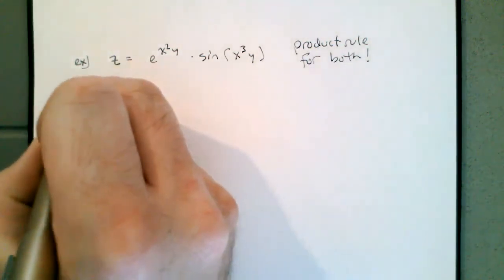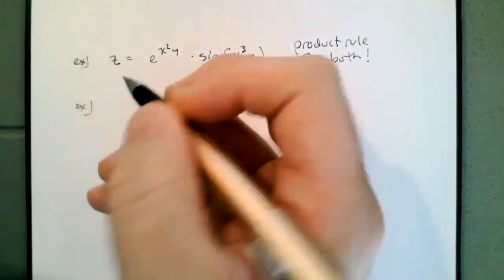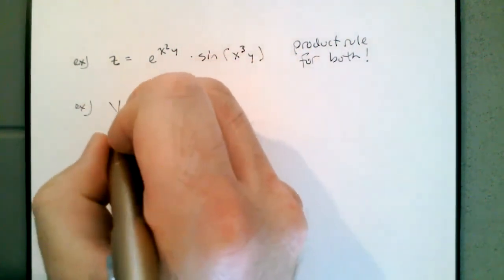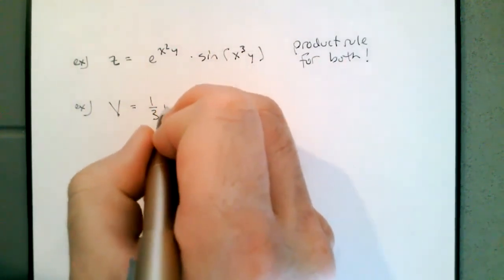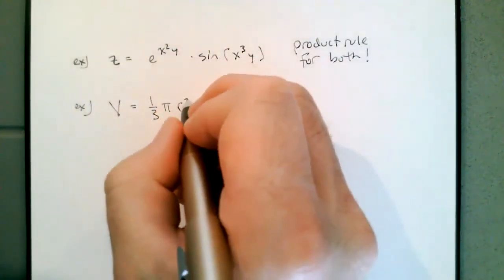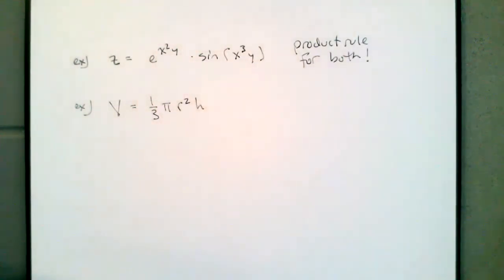So for example, if I have a function of 2 variables, let's say v is equal to 1/3 pi times r squared times h. So this is the volume of a cone with a base radius of r and a height of h.